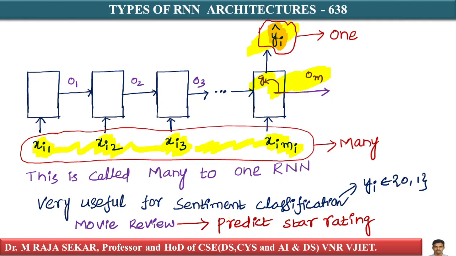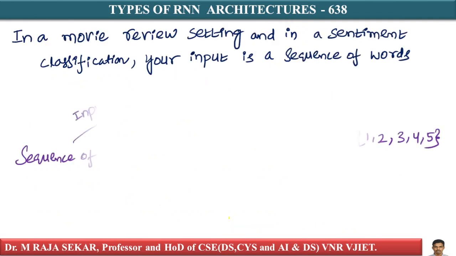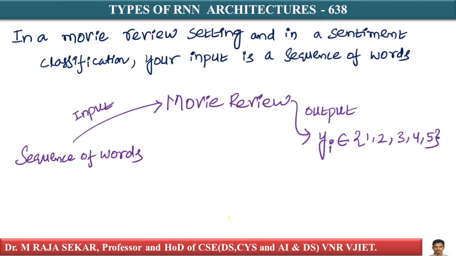In the movie review setting, your input is a sequence of words, but your output yi belongs to 1, 2, 3, 4, 5. It's a multi-class output. The rating may be 1, 2, 3, 4, 5.